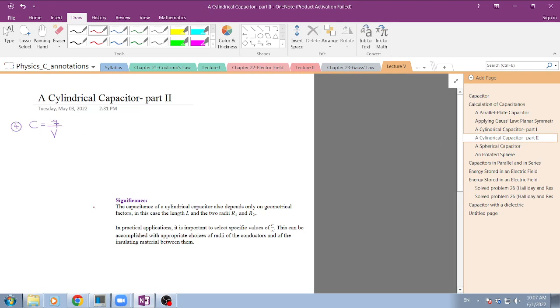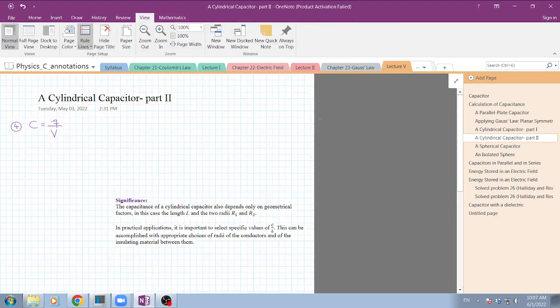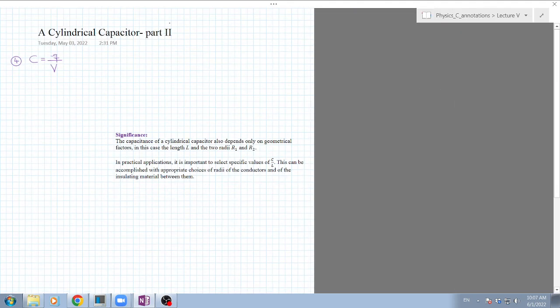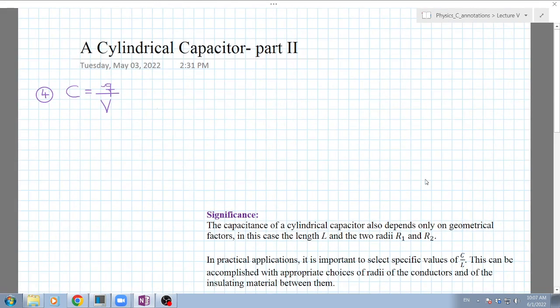You just have to substitute here to find the capacitance. I want to finish this before this class is over, because it is a very interesting result as well. We are going to realize something very important here.